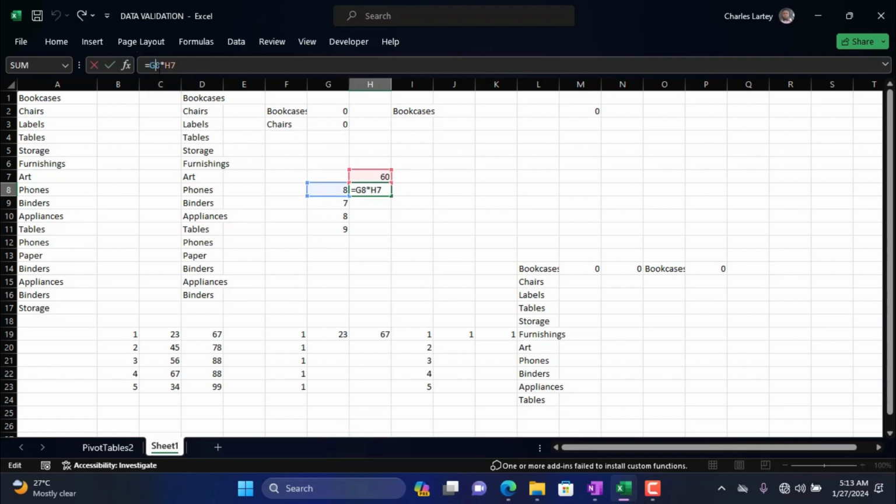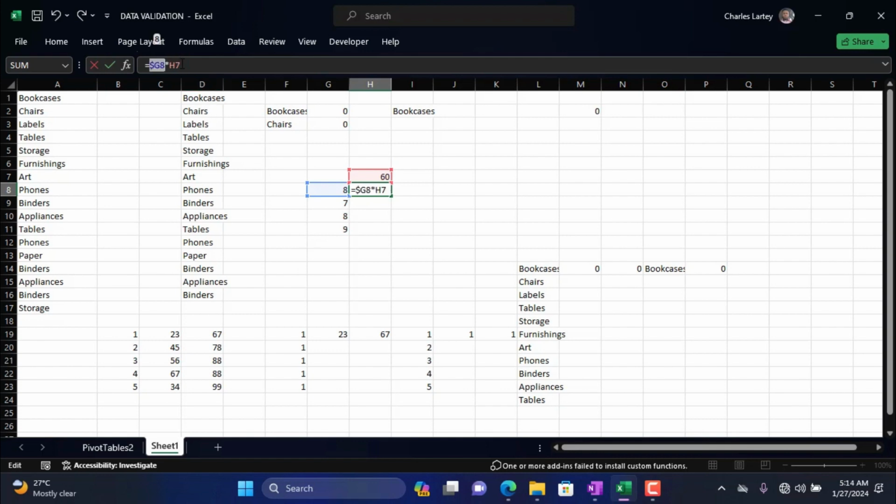Rows change because as we autofill downwards, it must be changing so that it will multiply by the H7. If rows are changing, we want to block the column so that when we move across columns, this will not change column. We only want this column to multiply by whatever is here. So we block only the column.